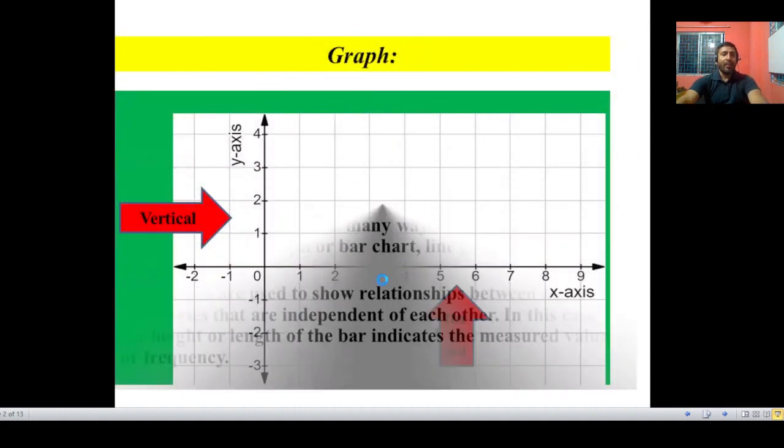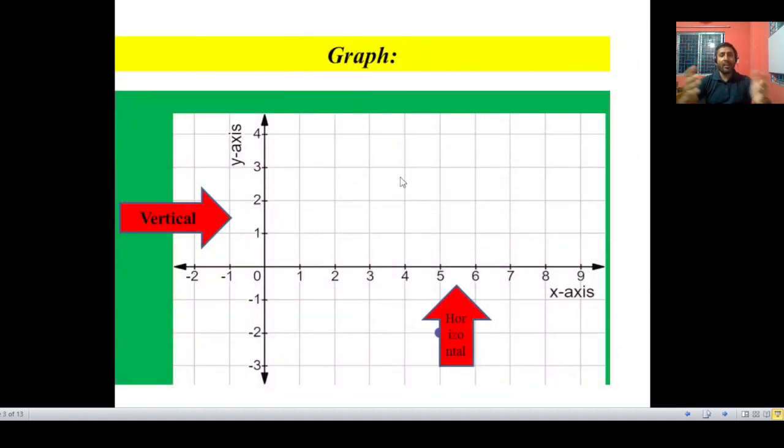Next one, we can see an example of the graph. This is an example of a graph, and here we can see there are two axes.